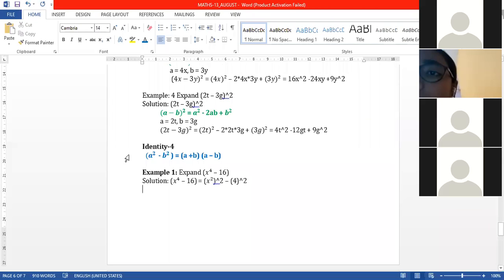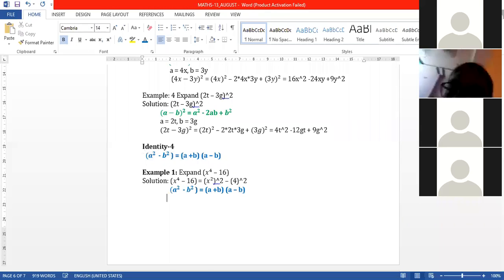We write this identity 4: a square minus b square is equal to (a plus b)(a minus b). The value of a is x square and the value of b is 4.